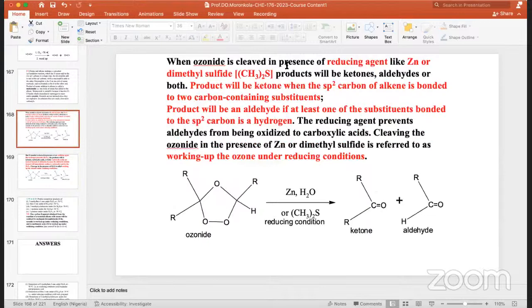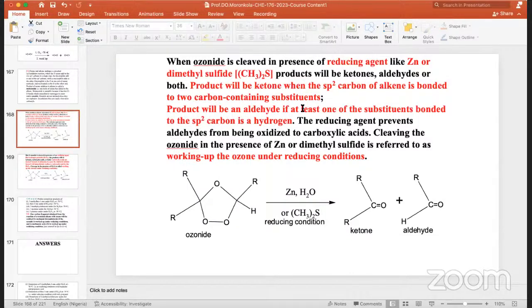When the ozonide is clipped in the presence of a reducing agent like zinc or dimethyl sulfide, the product will be ketones, aldehydes, or both, like in this case, depending on the structure we started with. You can take cognizance of the things in red. The product will be a ketone when the sp2 carbon of the alkene is bonded to two carbon-containing substituents, that is, that carbon does not bond directly to a hydrogen.